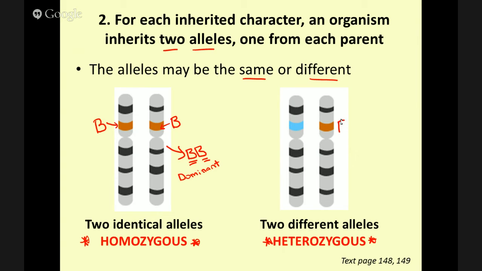Here's a brown eye, so we'll give that a big B again, but here's blue eyes, and blue eyes are recessive to brown eyes, so I'm going to give that a small b. So if I was writing the genetic code for this person, I would write big B, small b. This signifies that they're carrying the gene for brown eyes and the gene for blue eyes. Now these two letters are different, so that's how you know you've got a heterozygous individual.